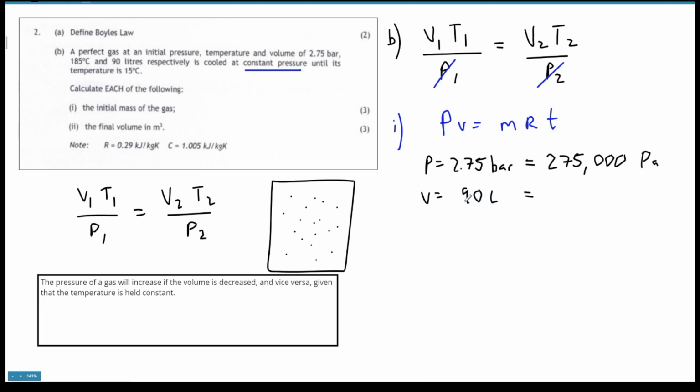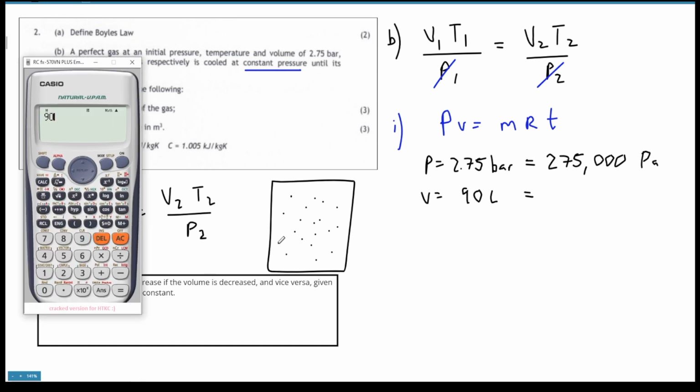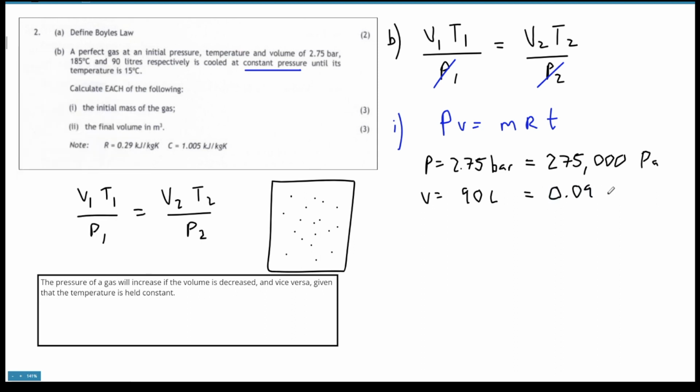There's 1,000 liters in a meter cubed, so we divide 90 by 1,000 and we've got 0.09 meters cubed. We need standard units, so meters, newtons and pascals.